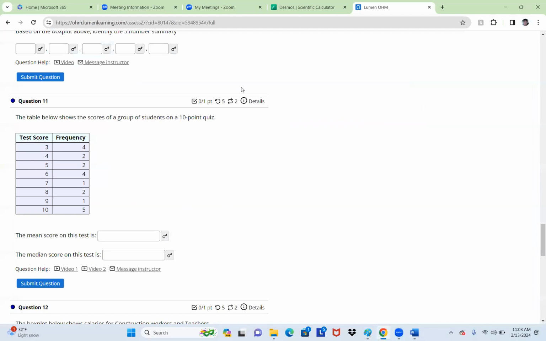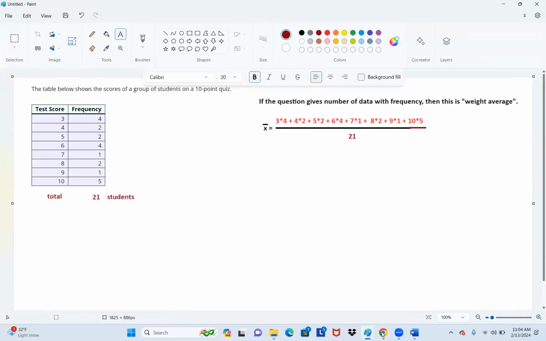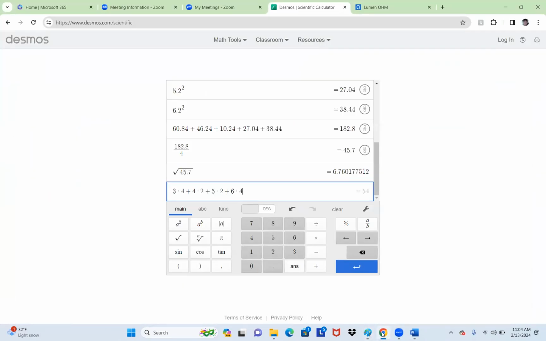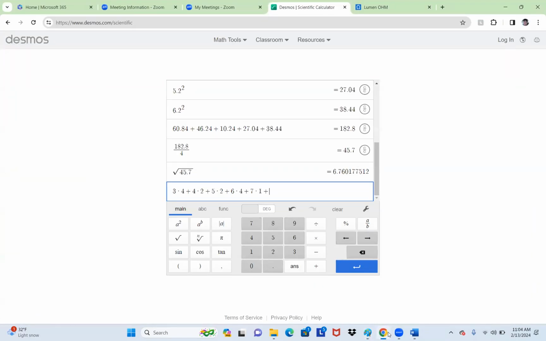So we take 3 times 4 plus 4 times 2 plus 5 times 2 plus 6 times 4 plus 7 times 1, 8 times 2, 9 times 1, and 10 times 5.